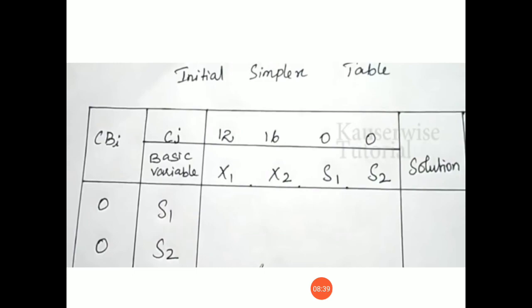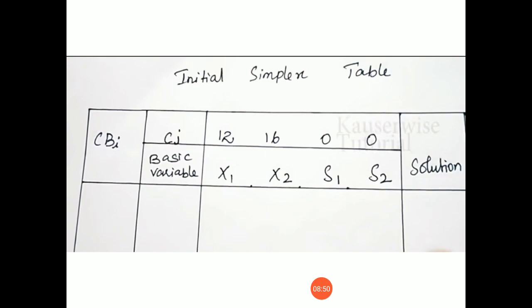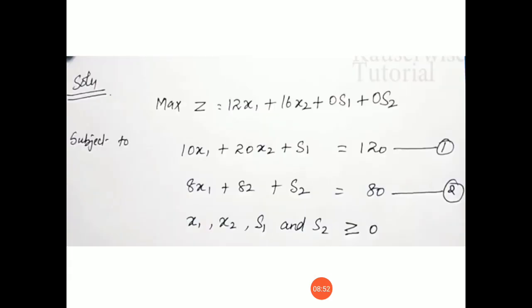Now the next step is I need to find in which equation the slack variable s1 is present. As we can see here, the slack variable s1 is present in equation number 1, that is 10x1 plus 20x2 plus s1 equals 120.